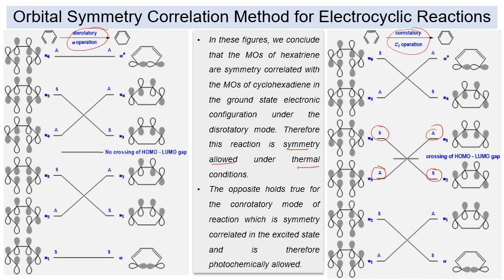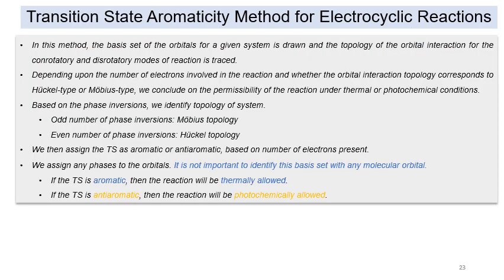Therefore, in the case of the electrocyclic reaction of hexatriene and cyclohexadiene, the disrotatory mode is permitted in thermal conditions and is symmetry allowed, whereas the conrotatory mode is permitted under photochemical conditions because it is symmetry correlated only in the excited state.